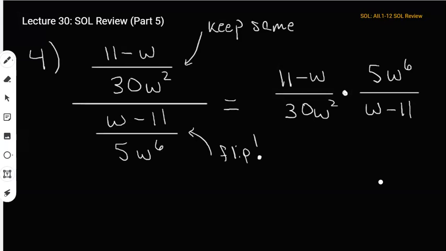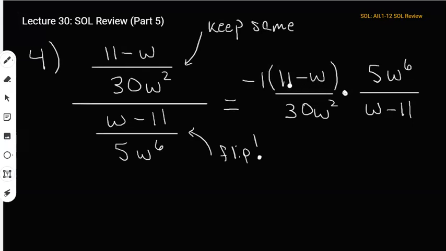Okay, so now let's see if we can simplify this a little bit. We can cross cancel and see what we can cancel out. Now, the first thing that I can do is I can take a -1 out of the top. See how this is 11 minus w and this is w minus 11 at the bottom? Well, what we can do is we can take a -1 out.